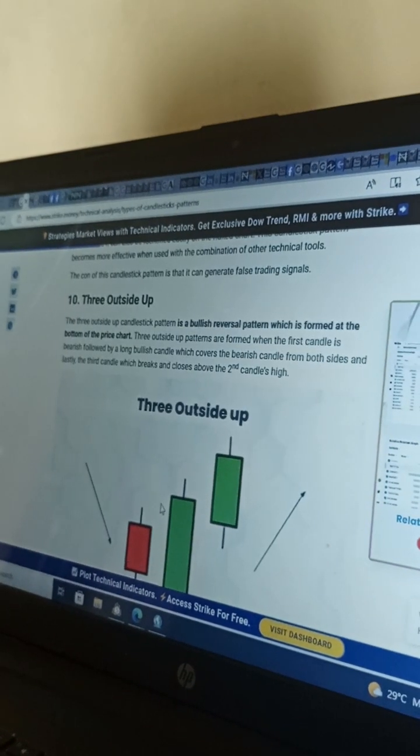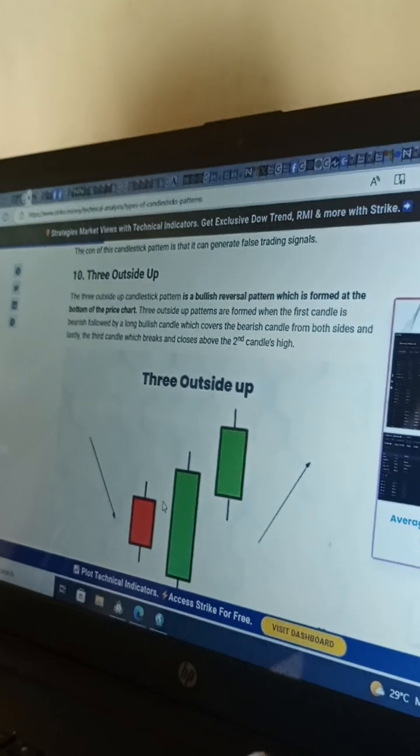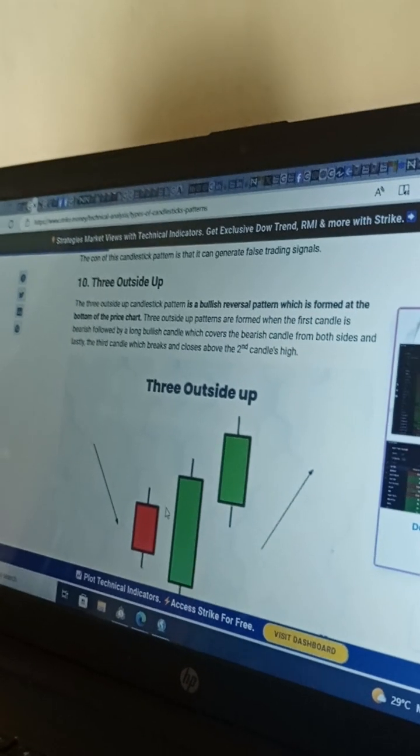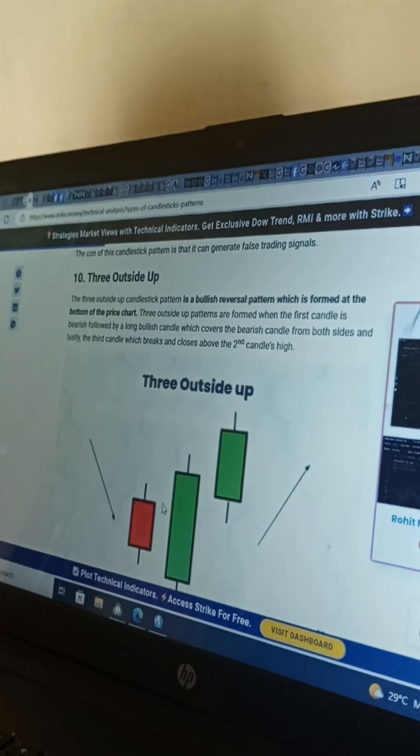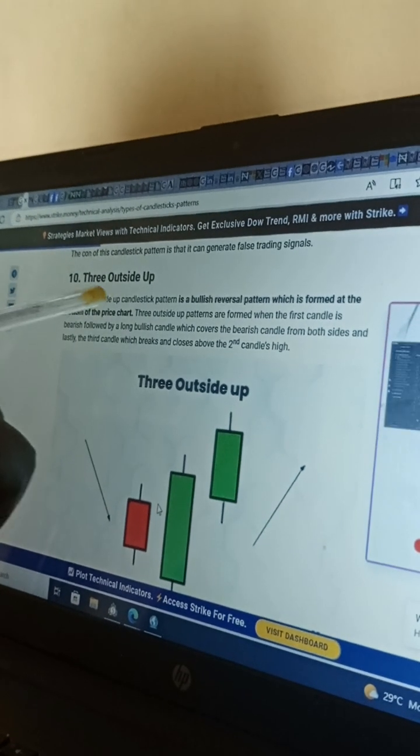3 outside up. Now, the ones that we have treated so far are 2 candlestick setups. We have what is known as 3 candlestick setup, and this one is one of them, where we have 3 candlesticks that form a setup. Now, this is 3 outside up.